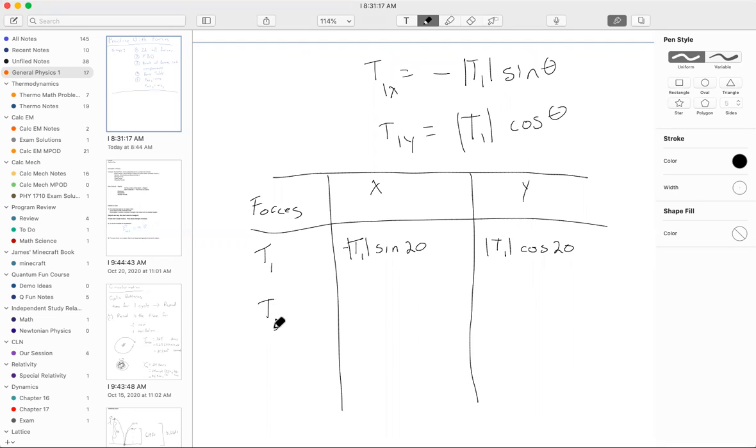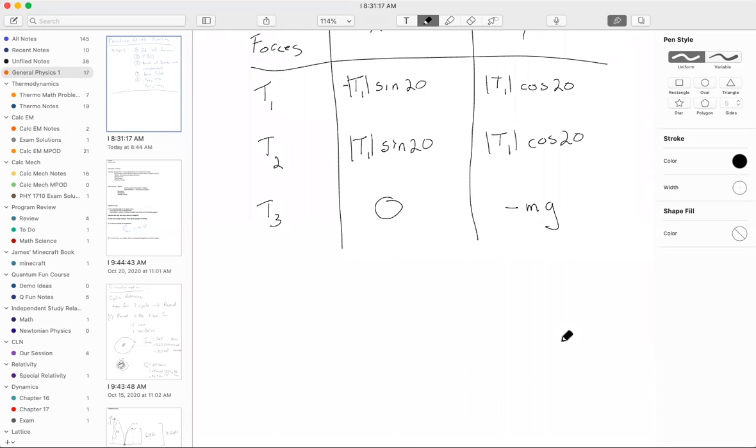Then I have tension 2, which points in the positive x direction, and the magnitude of tension 2 equals tension 1. So I'm going to use that. And then I have tension 3, which has nothing in the x direction because gravity pulls it straight down, and it's equal to minus mg because it's going to pull downwards on the ring.